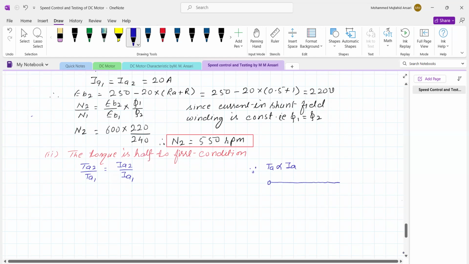The shunt field winding is as it is, there is no increase or decrease in the field current, so the flux is constant, whereas a resistance whose value is 1 ohm is added in series with the armature circuit.